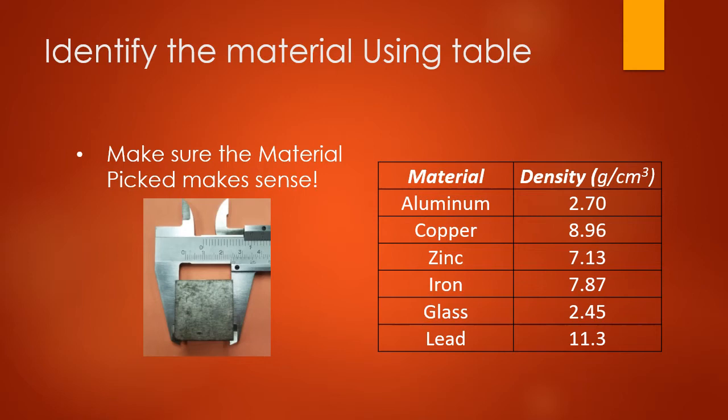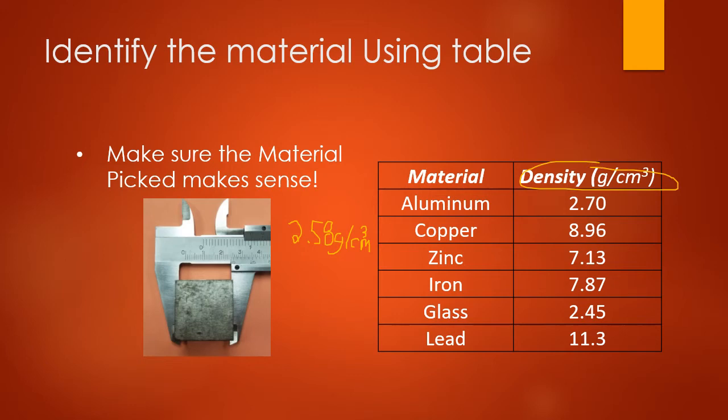So for instance, let's say you calculated a density of 2.58 grams per centimeter cubed. If that's the density that you calculated using your measurements, you would then use that density and compare it to the densities in this table.